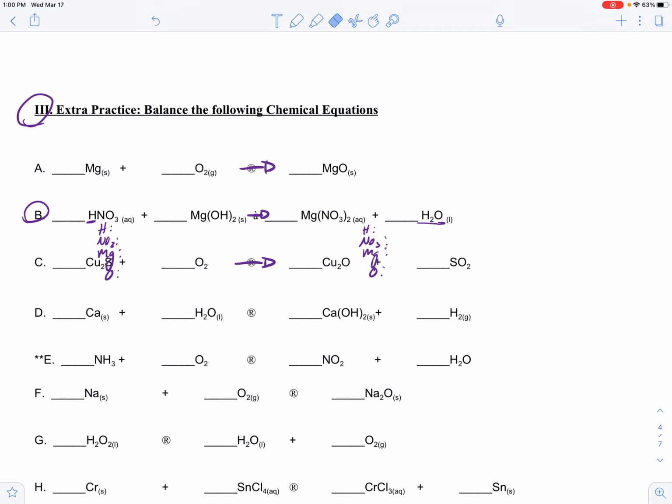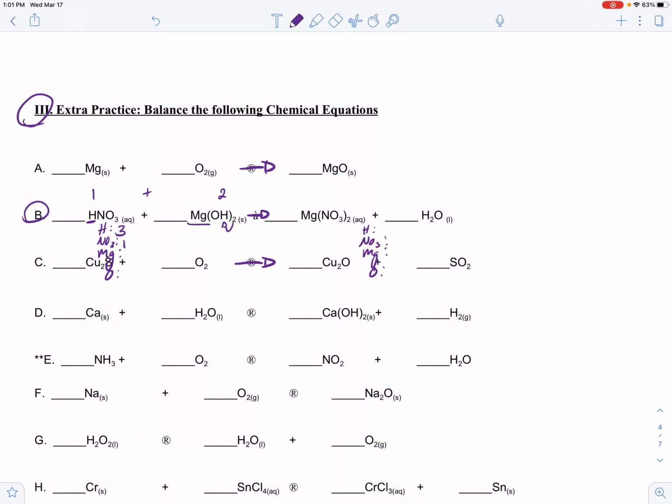So now I'm going to use this system to tally. I have one hydrogen over here, and then this 2 distributes because it means I have 2 OHs. So that means that I have 2 hydrogen there. So 1 hydrogen on this left formula and 2 hydrogen on this formula. That gives me 3 total hydrogen on the left side right now. I have right here my NO3. I have just 1 of them.